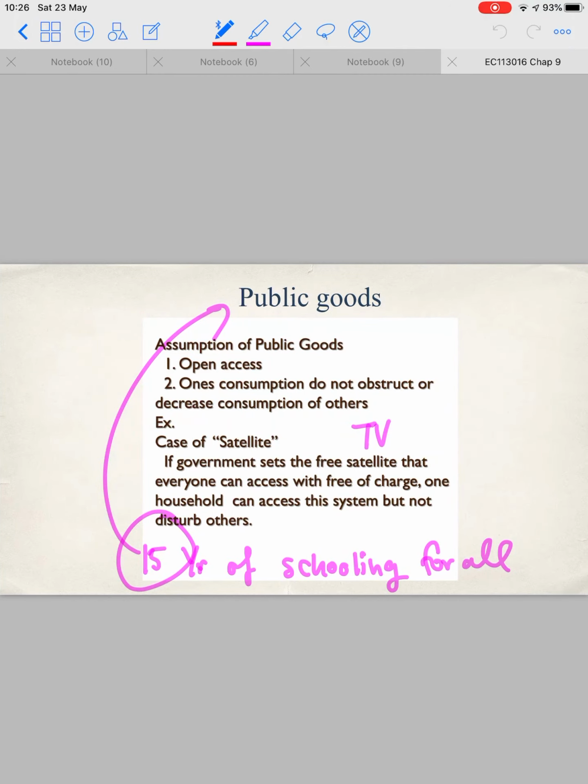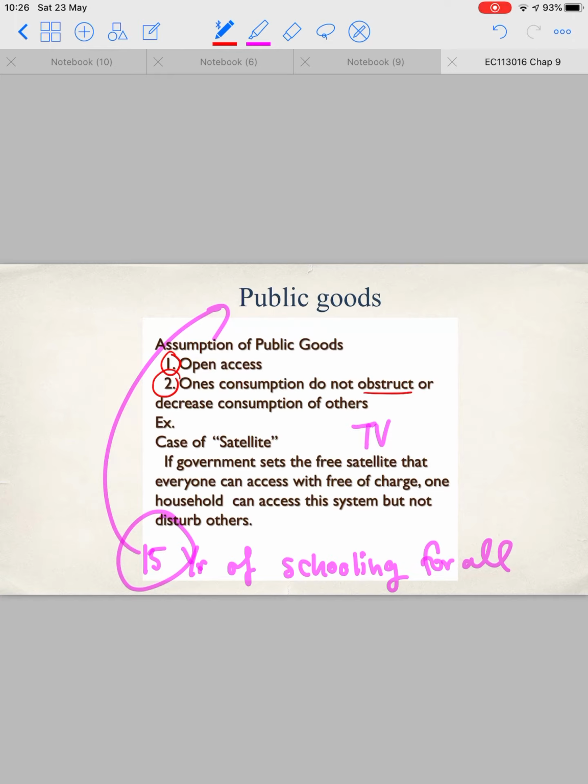What are public goods? Remember, public goods by assumption are those that everyone can access or utilize. Number two is that one person's consumption does not obstruct or decrease the consumption of others. Everyone can consume these public goods, and no one can obstruct anyone.